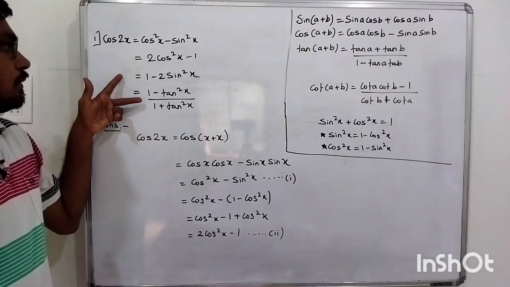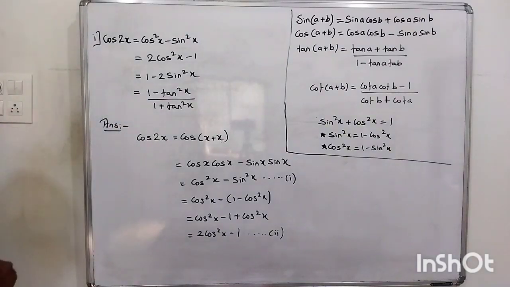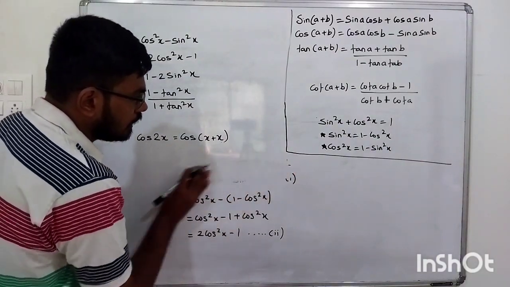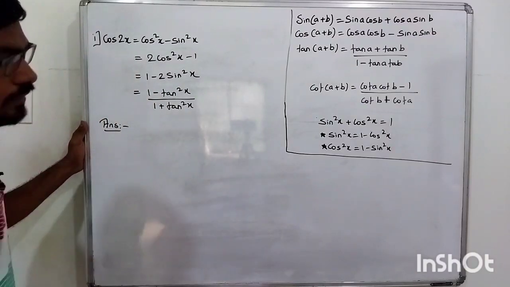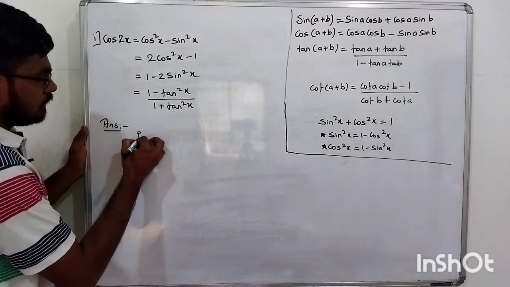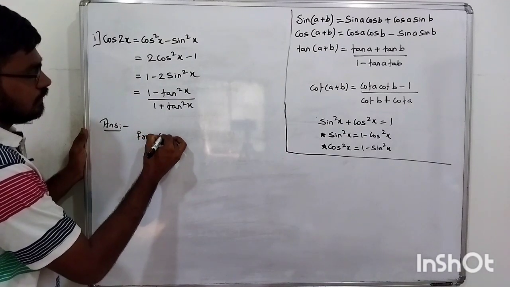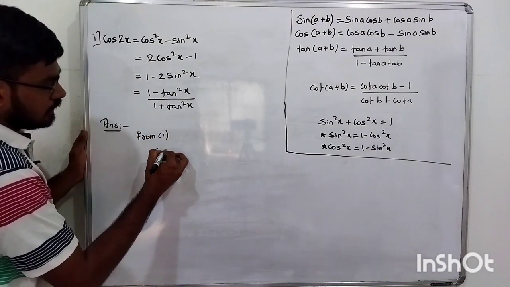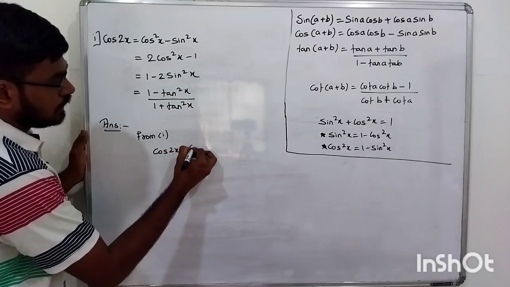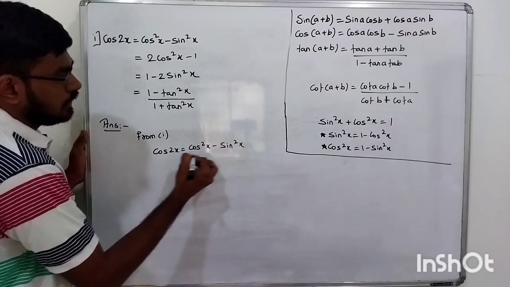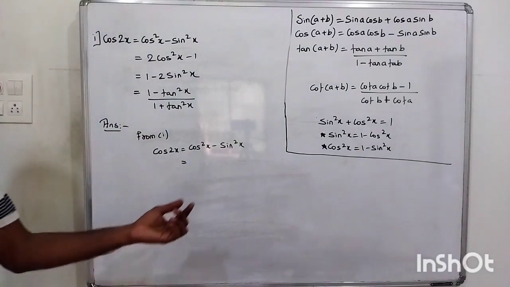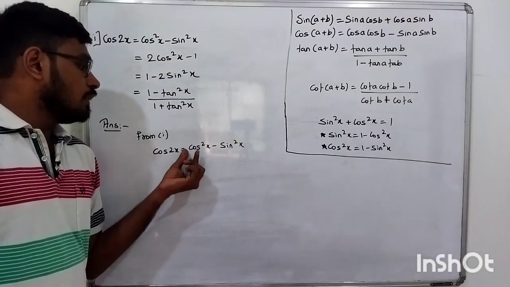So we derived 2, and 2 more are left. Now we derive the third one. From the first, cos 2x is cos square x minus sin square x.